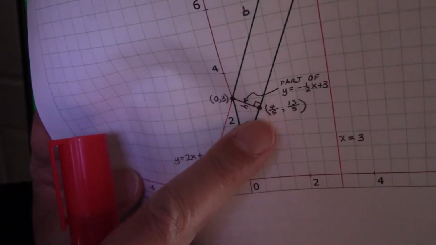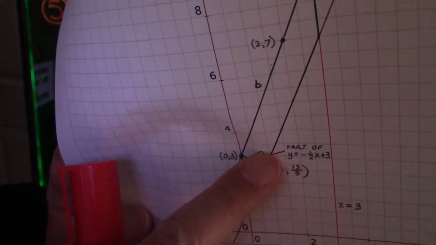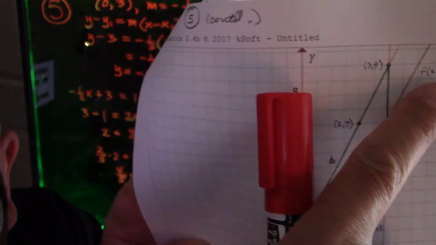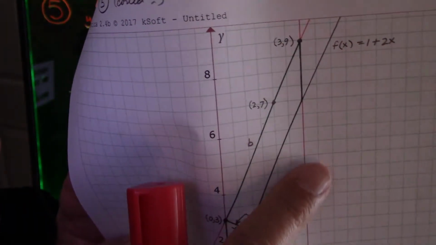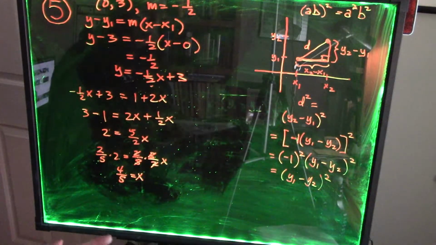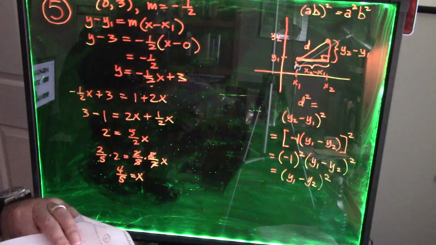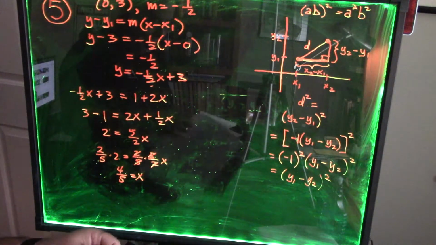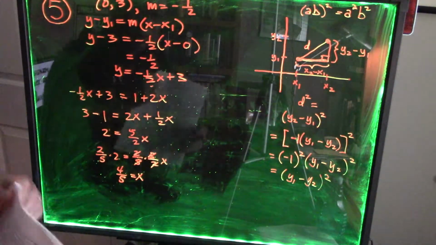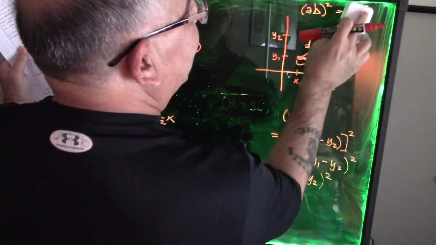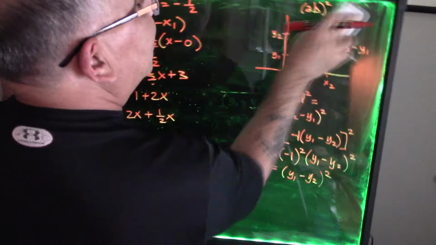We already calculated that, and this line down below is f of x equals 1 plus 2x, as you can see there. So we need to substitute that x value into the formula for 1 plus 2x. I know I already have it written down, but you need to see how to get that, right? So let me erase here. A lot of erasing with this problem.